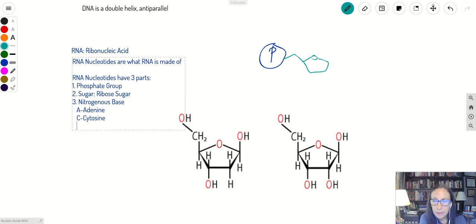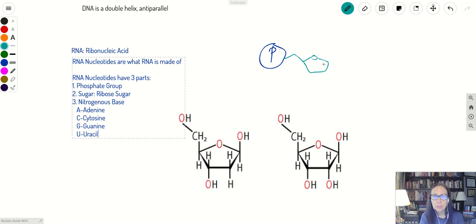We still have G for guanine. But now instead of having T, we have a U, and that stands for uracil. Uracil and thymine look very similar, but they're not the same. Whenever you have an RNA, you will see a bunch of U's in there. When you have DNA, you'll see a bunch of T's in there. That is how you will be able to determine whether you have RNA or DNA, and that's also how the cell can determine whether it's DNA or RNA.